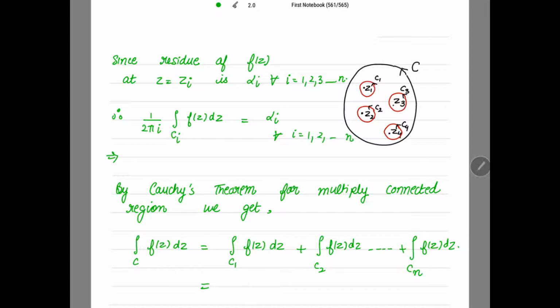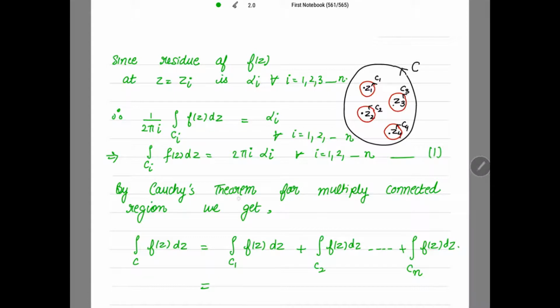Mark this as your 1, which simply implies, you take 2 pi i on the other side, the integral over Ci of f(z) dz is equal to 2 pi i alpha i, for all i equal to 1, 2, up to n. Just mark this as 1 or star, whatever you like.